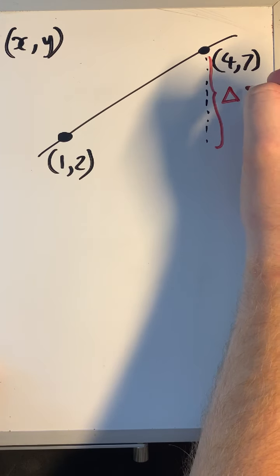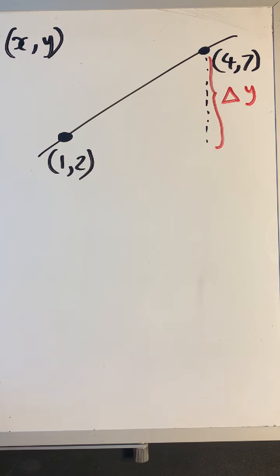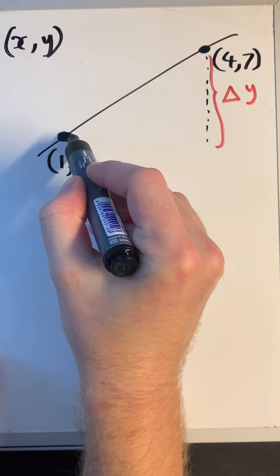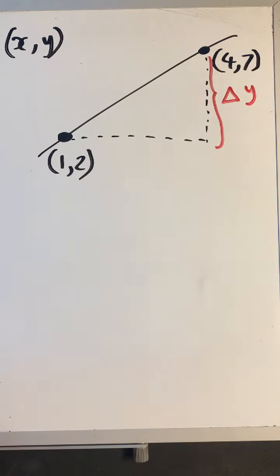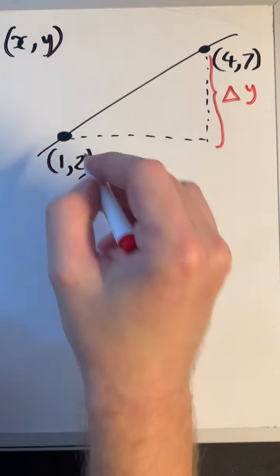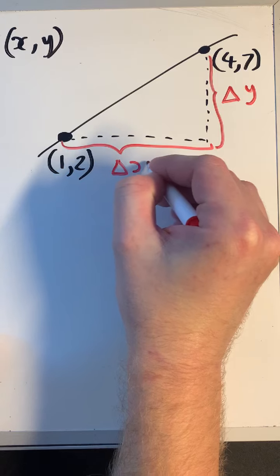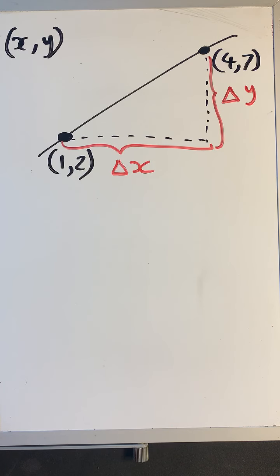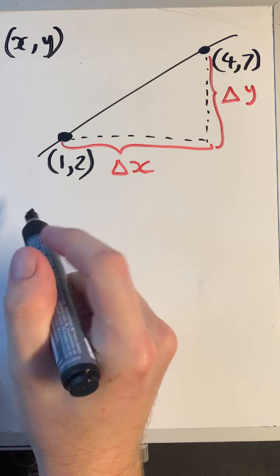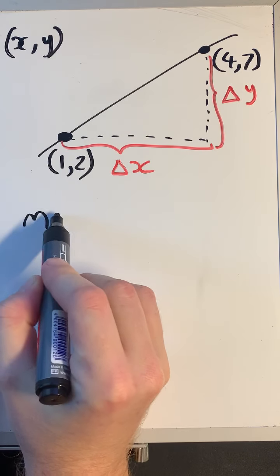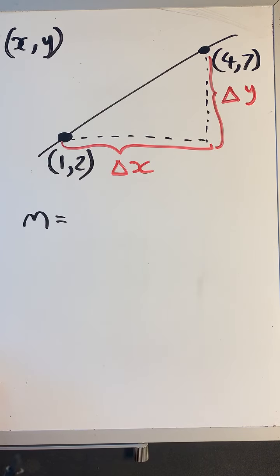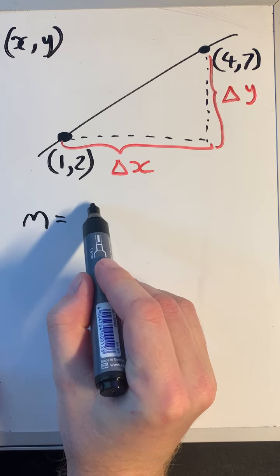Sometimes you call this delta, just a triangle, delta y. And we've also got a change in x coordinate, and we call this delta x. So to find m, the gradient, it's the difference in y coordinates over the difference in x coordinates.